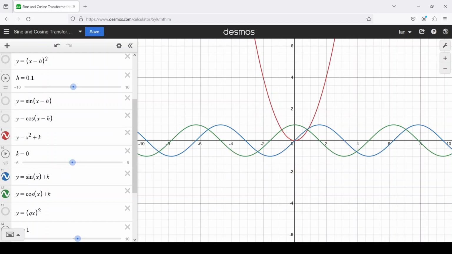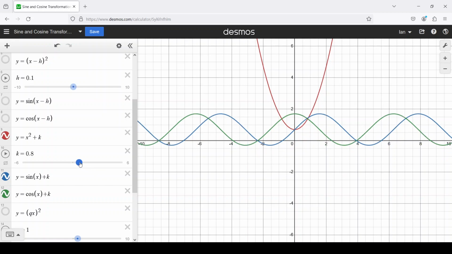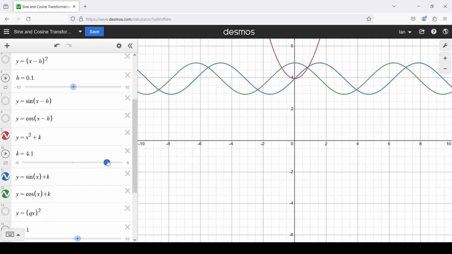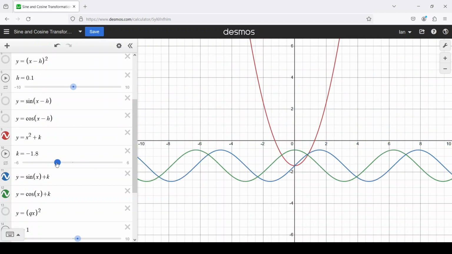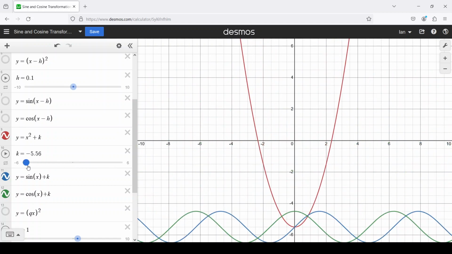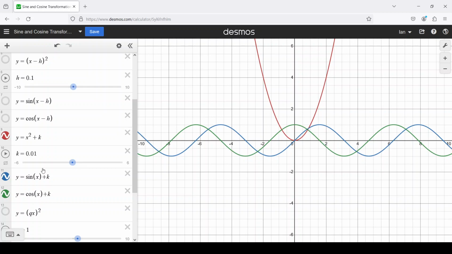Well, exactly the same, right? So as k increases, these curves shift up. As k decreases, these curves shift down. Okay, so we have the exact same effect when we add or subtract a constant after our sine or our cosine as when we add or subtract a constant after any function, including x squared. Okay.